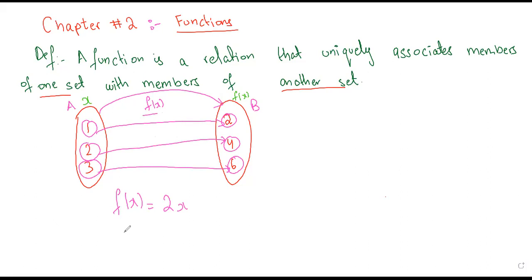That is, f of 1 is 2 multiplied by 1, that is 2. This means that when I'm using 1, I'm getting 2. So again, a function is a relation that uniquely associates one member of one set with a member of another set.